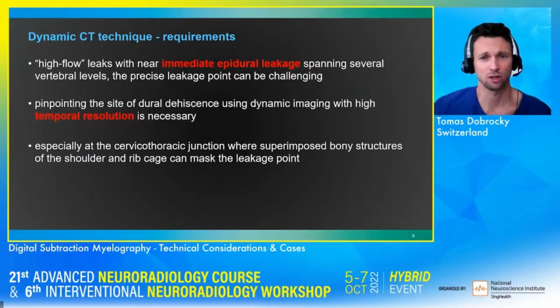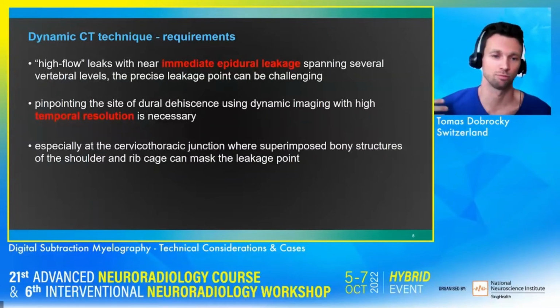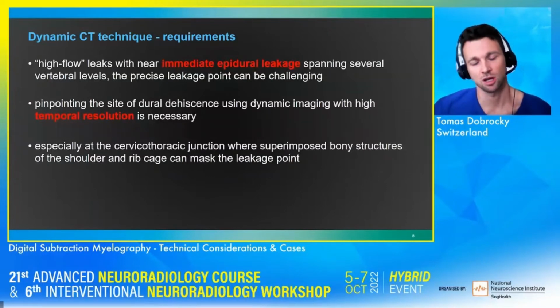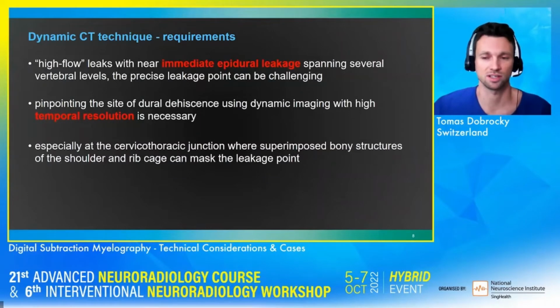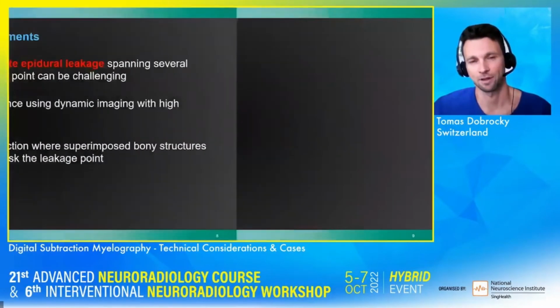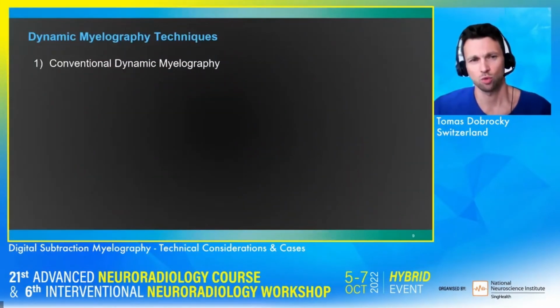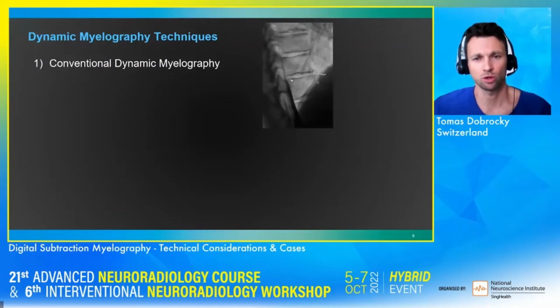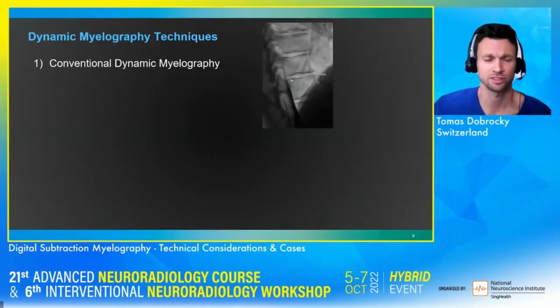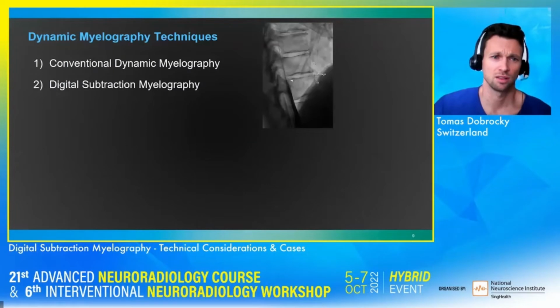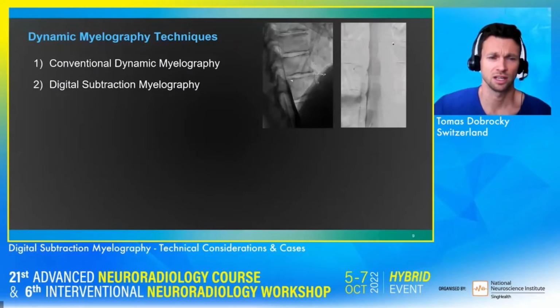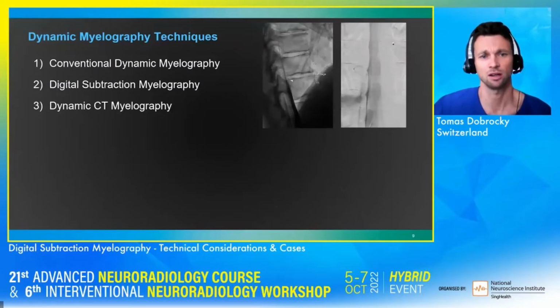And sometimes doing so in the cervicothoracic junction is very challenging, because there is a lot of bone superimposition from the shoulders. So there are three important dynamic myelography techniques: the conventional one, digital subtraction myelography, and dynamic CT myelography. We'll go through each one of those.